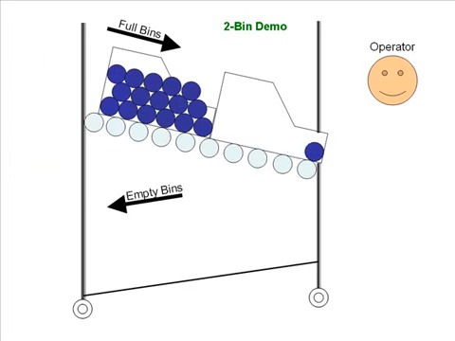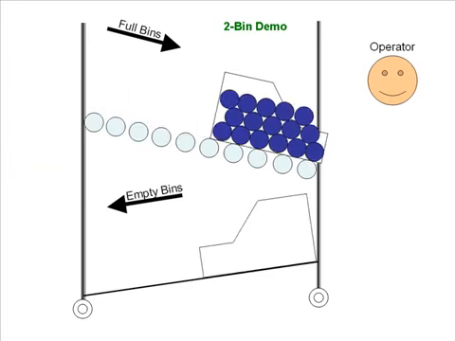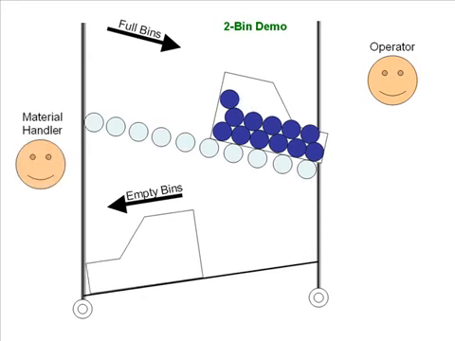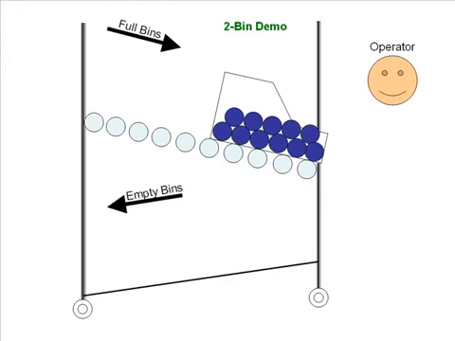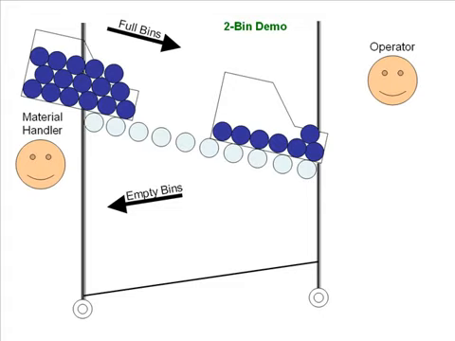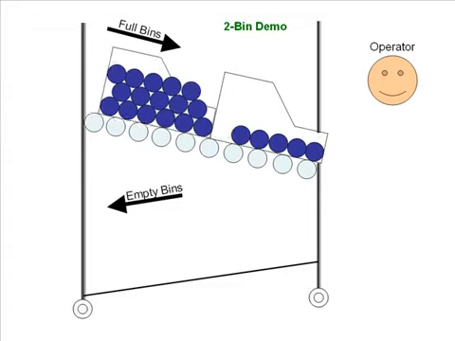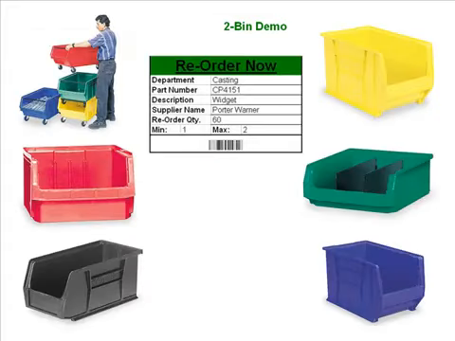In just a minute, I'll show you some examples of what bins really do look like and some of the information that you might want to have on your bins. But I'll let this thing run for just a minute. All right, well, we got a chance to see how the system works.